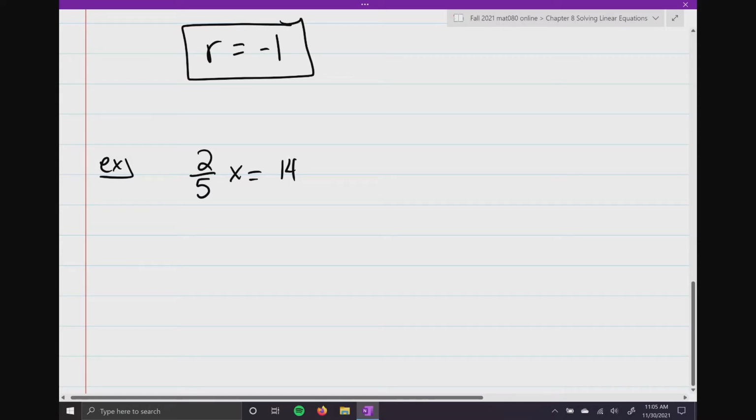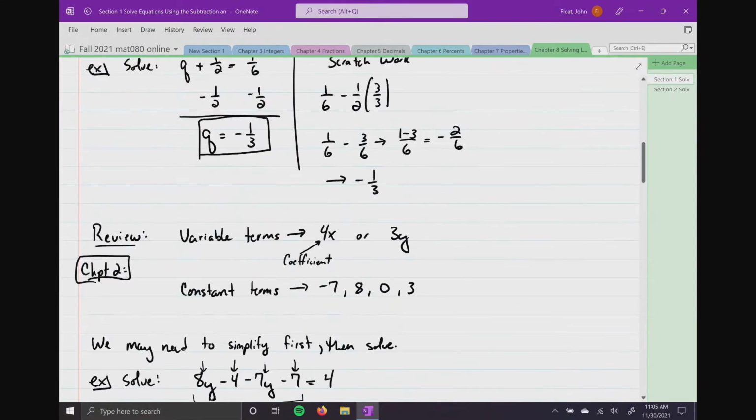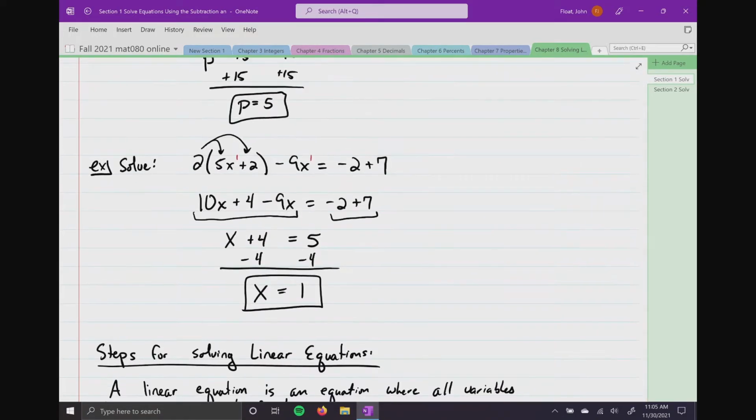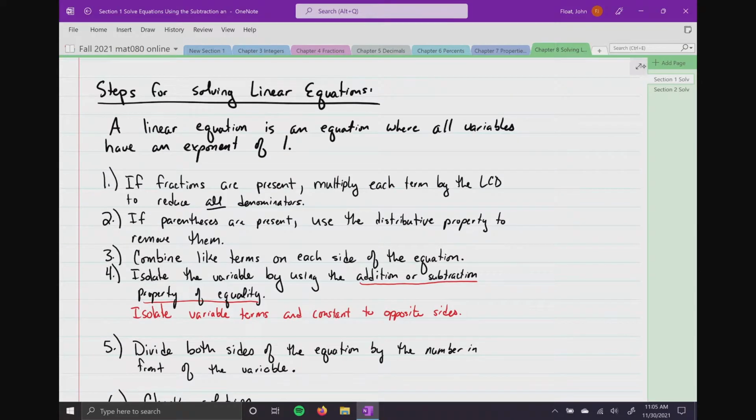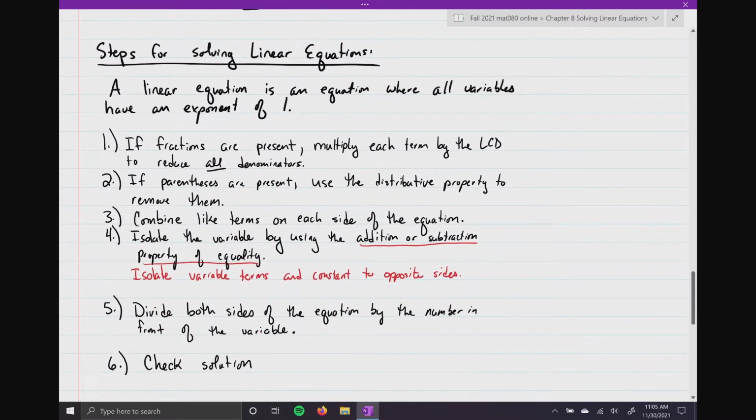Remember, back in section 1, I went over these steps right here for solving a linear equation. And if you look at step number 1, it says, if fractions are present, multiply each term by the LCD to reduce all denominators.